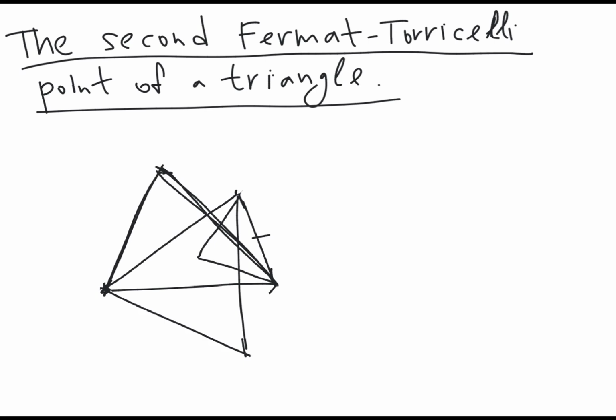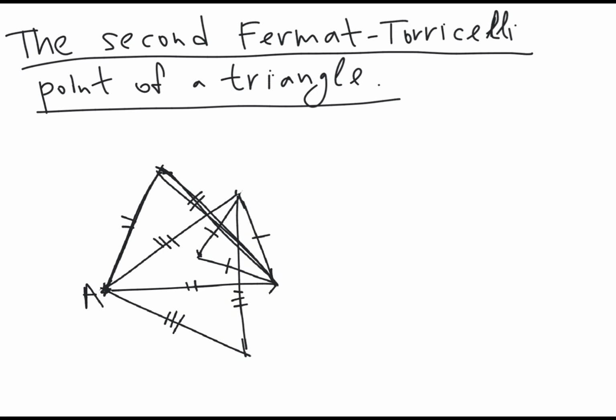So these segments are equal, then these segments are equal, and these segments are equal. So these are three equilateral triangles, and we consider basically the intersection points.